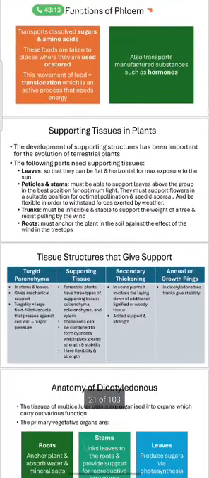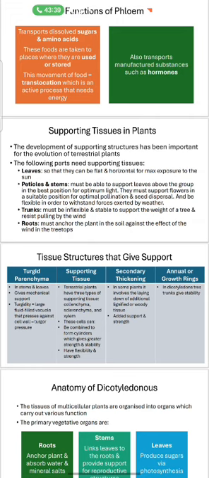Supporting tissues in plants. The development of supporting structures has been important for the evolution of terrestrial plants. The following parts need supporting tissues: the leaves, the petiole and stems, trunks, and roots. So the leaves, so that they can be flat and horizontal for maximum exposure to the sun.